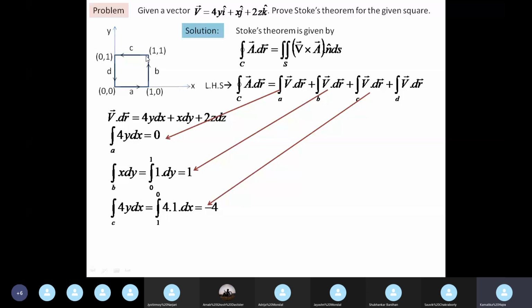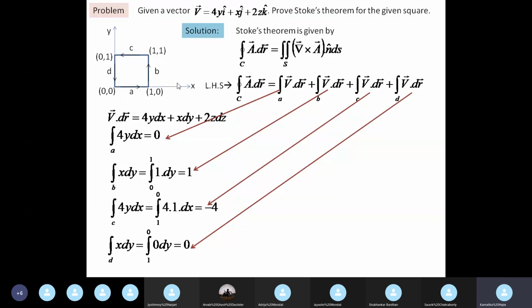Along the segment from here to here, again y does not change. So we don't have to bother about dy. We just have 4y dx. The value of y is constant at 1. So 4 into 1 dx. Now we are going from 1 to 0. So this is minus 4. And finally, from here to here along d, again x does not change.